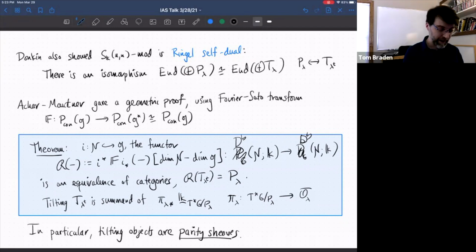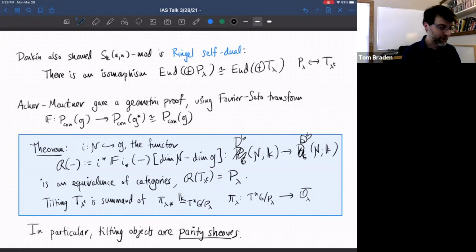In addition, the tiltings have a simple description as push forwards of resolutions of orbit closures. So the tilting that's supported on the orbit closure O lambda is going to come from a push forward of a symplectic resolution of O lambda, and in particular, the tilting objects are parity sheaves.